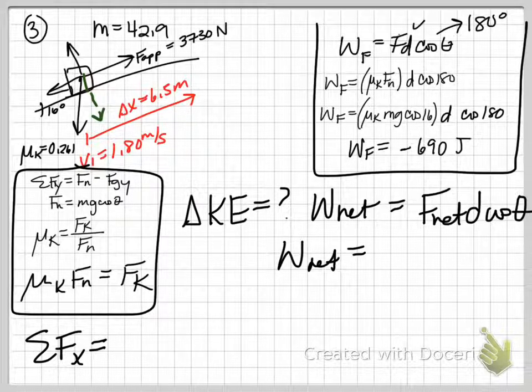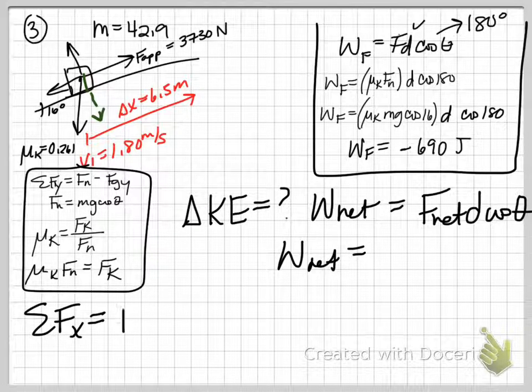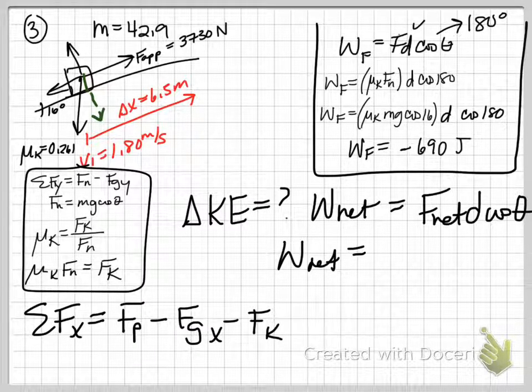And that sum of forces on the x is going to equal force of the puller, force applied, I guess I had it labeled, minus force of gravity on the x minus force of kinetic friction. So I've already got an expression for force of kinetic friction. And the force of the puller was given. I just needed an expression for force of gravity on the x.